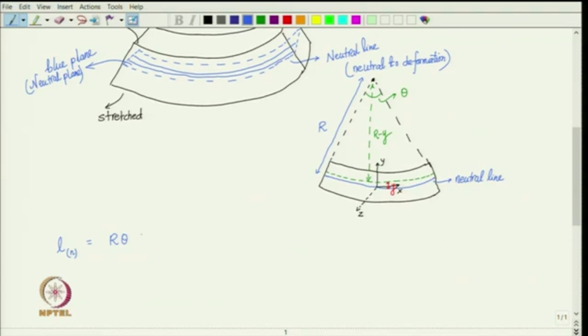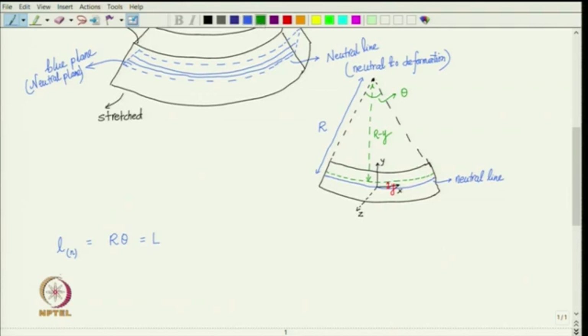And since this line is neither getting stretched nor compressed, this should be same as the original length, which we will say is big L. Okay. So, the length of the beam originally is big L. After deformation, the neutral line still will have the same length. What can we say about the green line? What is the length of the green line?